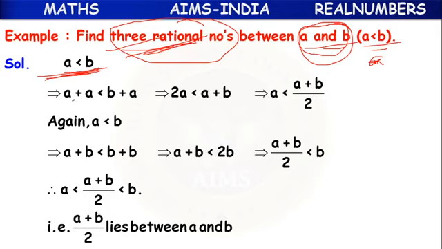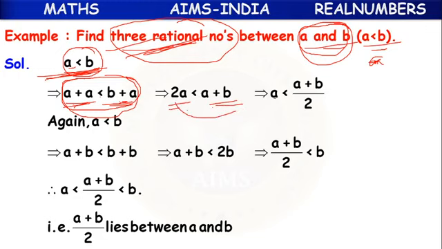So I can add a on both sides, so that the given relation does not change. a plus a becomes 2a, and the right side we can write as a plus b. So 2a is less than a plus b. If 2 goes to that side, a is less than a plus b by 2.